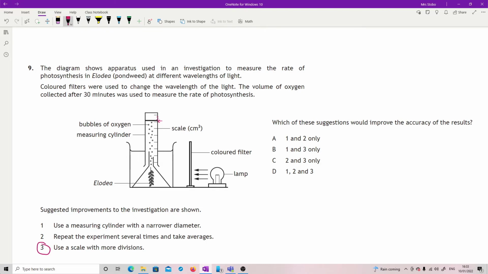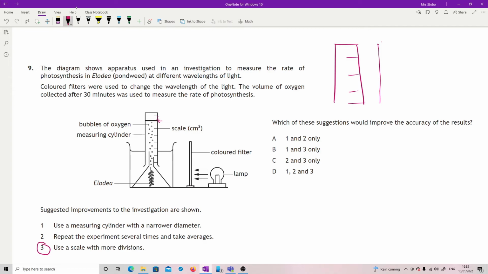What it would also do is if I made the measuring cylinder narrower. Sorry, let me just scribble that out. If I have a measuring cylinder and this is the divisions that I can manage, say each of these divisions is 1 centimetre cubed.